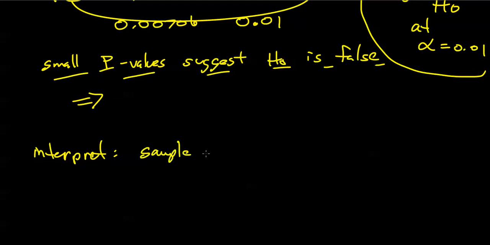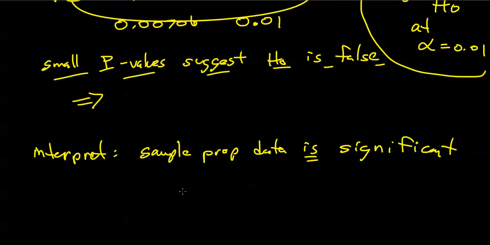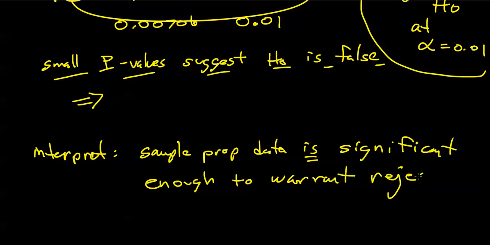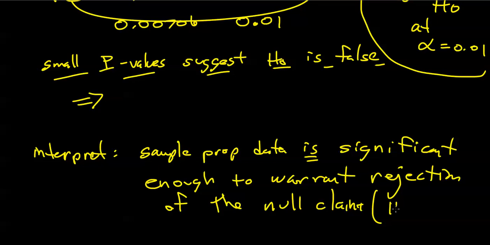Your sample proportion data is significant enough to warrant rejection of the null claim or null hypothesis. And what was the null claim? That H0 was that little p equals a half.